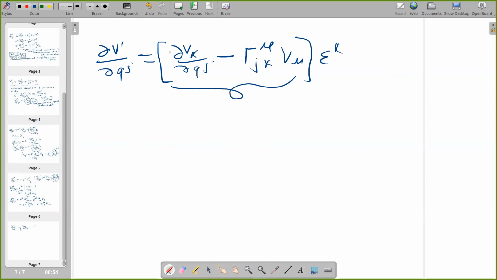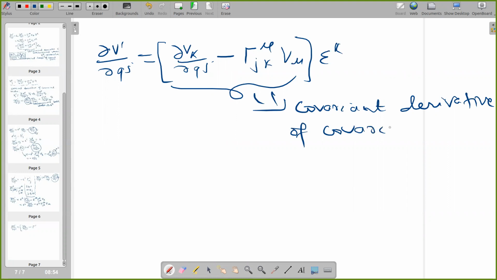So this term has two parts, the coordinate derivative and the change of basis vector. This term is called the covariant derivative of covariant vector, and it is denoted by V, K, semicolon J. This is also called the semicolon derivative.